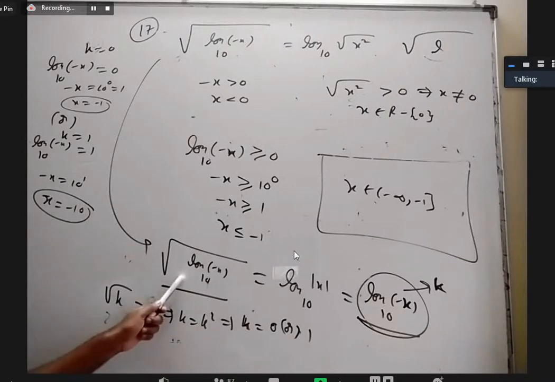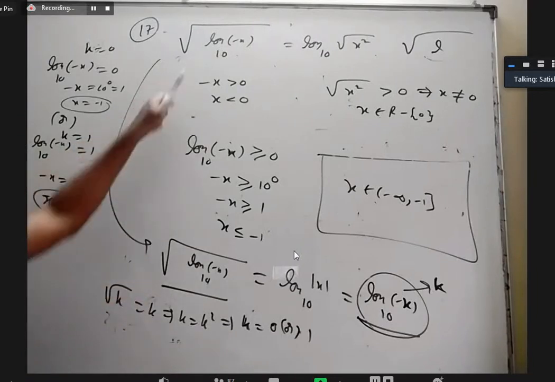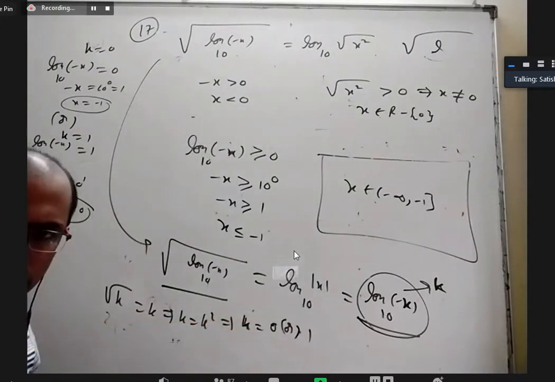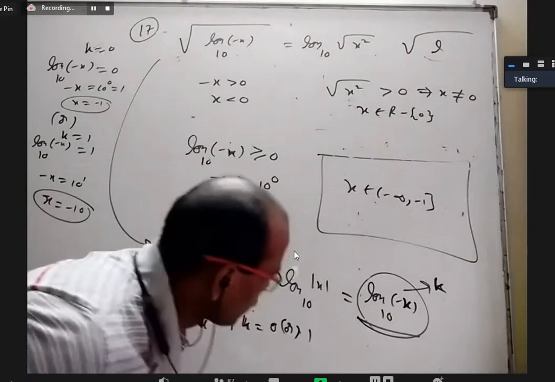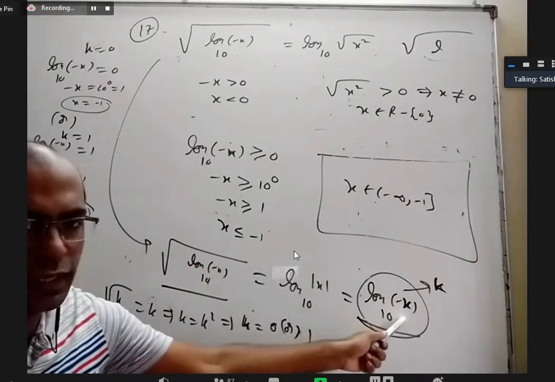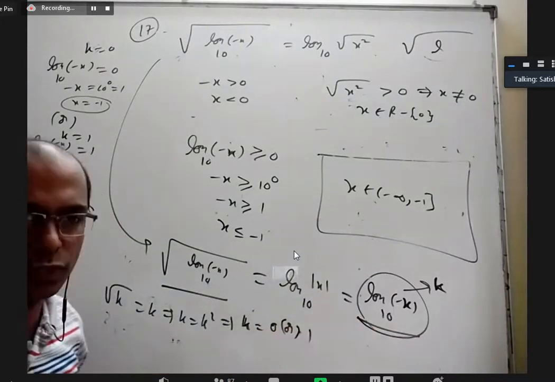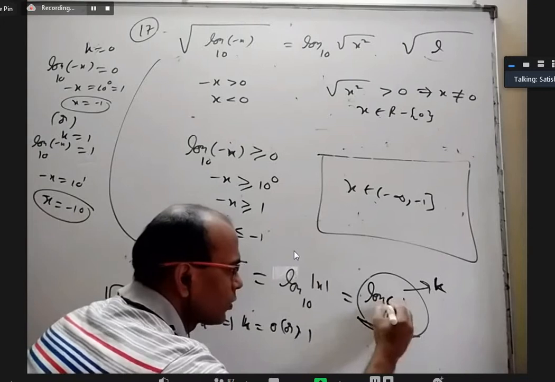Sir, the second last step also I'm unable to understand. This one. Okay. From here to here, LHS I wrote as it is. RHS, root x square is mod x. You know that, right? Root x square is not x. Now, why did I write mod x as minus x? Because I already know x is negative. If x is negative, in the place of mod x, what should I write? Minus x. That's why I wrote minus x.